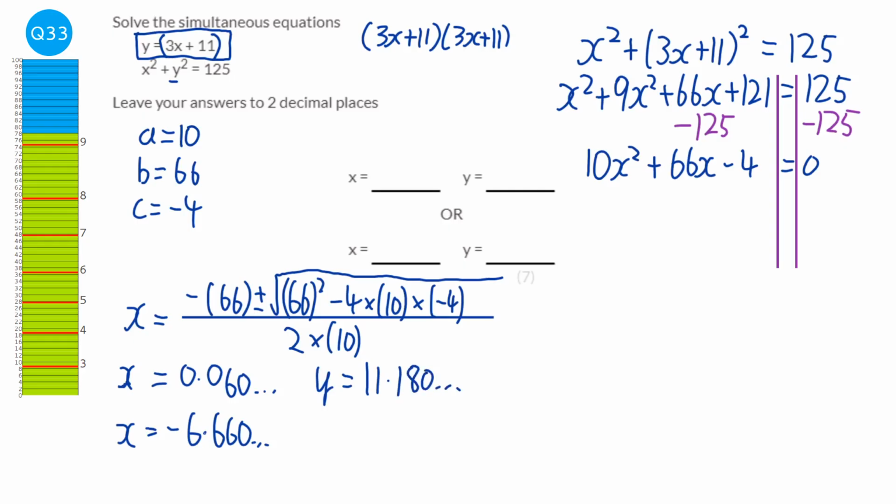We're going to do that with the next solution, times it by 3 and add 11, and we get minus 8.980 blah blah blah. We're going to round each of these to 2 decimal places, so we've got 0.06 and 11.18, and the second set of solutions is minus 6.66 and y equals minus 8.98.